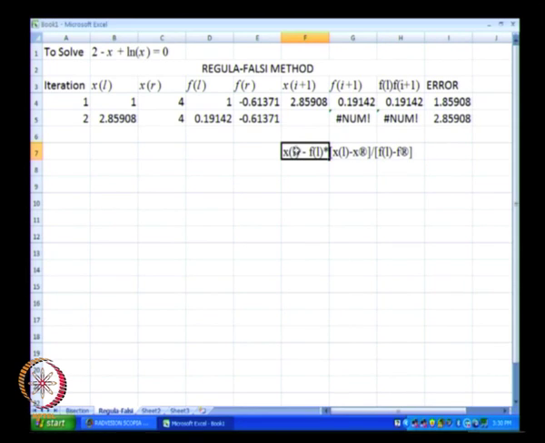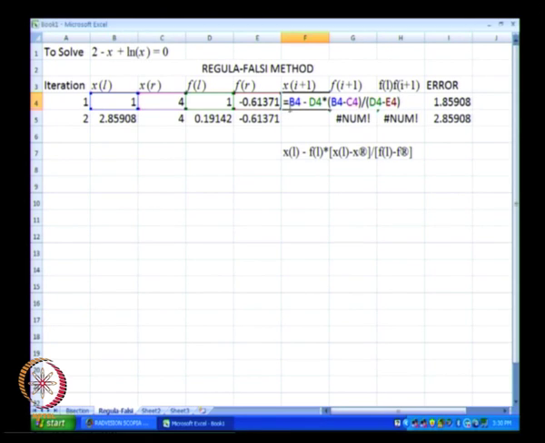Okay. Now let us look at the function that we get over here for x of i plus 1. So x of i plus 1 is nothing but XL, which is column B row 4, that is B4, minus f of L, which is D4, multiplied by B4 minus C4, which is x of L minus x of R, divided by f of L minus f of R. F of L is in D4 and f of R is in E4.